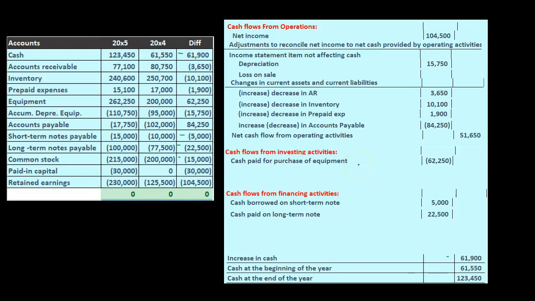We're going to have to dig into the GL and look at those few related transactions and see what really happened to them. The point right now, however, is that whatever cash happened with the loan is going to be a financing activity. And we want to put it in the financing activities.